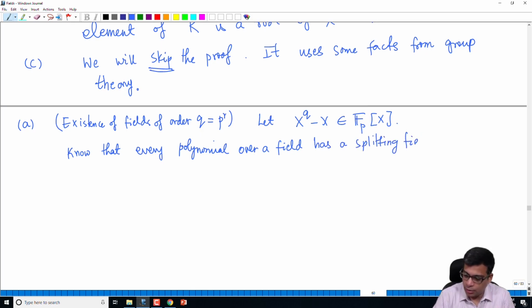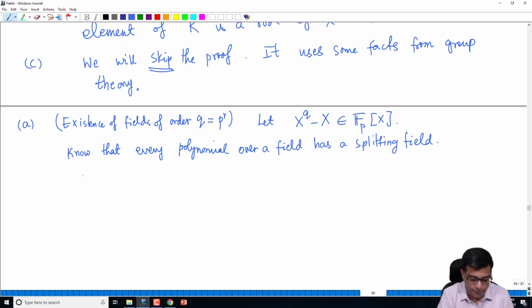If you go back and look at that splitting fields video, you will see that we proved that in general capital F was any field, small f was any polynomial, and we constructed a splitting field. So that was not specific to finite fields or infinite fields or anything like that. So we will apply that to Fp and x power q minus x.